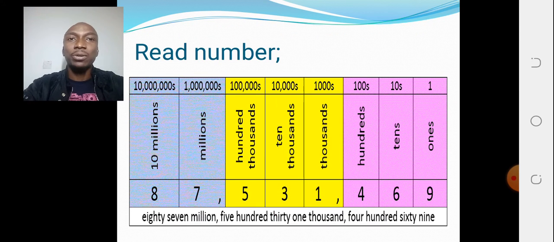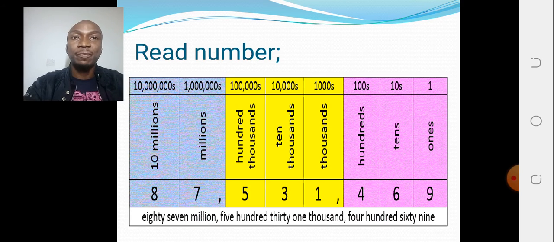Now let's read this number. You will notice that each of these numbers are grouped and separated with a comma. Beginning from the last number, that's the number 9 on my right hand side, we have 9, 6, 4. So we group them in threes, 1, 3, 5. Then the last one is not up to 3, you leave it that way, we have 7 and 8. In reading, we start from the left hand side, which is the number 8.